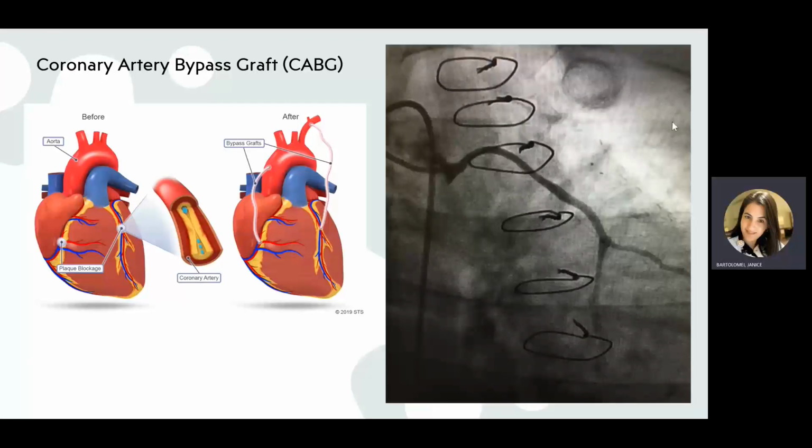Okay, this is the coronary artery bypass. Now, back in the day, we used to do CABGs, or we call them cabbages, as an abbreviation. Traditionally, they used to do these as open heart surgery.